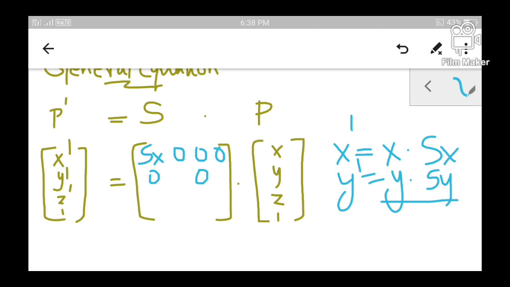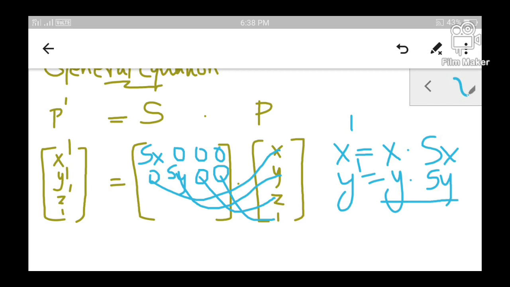What about y? Y should be multiplied to Sy. So the second value will be Sy. The last value is again 0. Let us now multiply the second row with the column matrix. 0 into x plus Sy into y plus 0 into z plus 0 into 1.